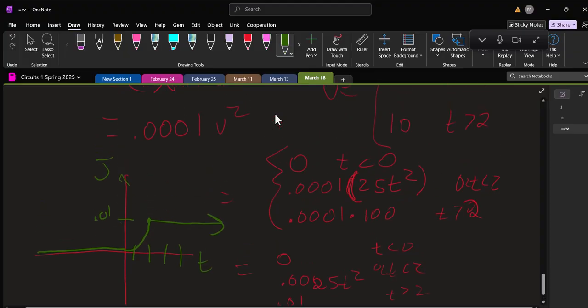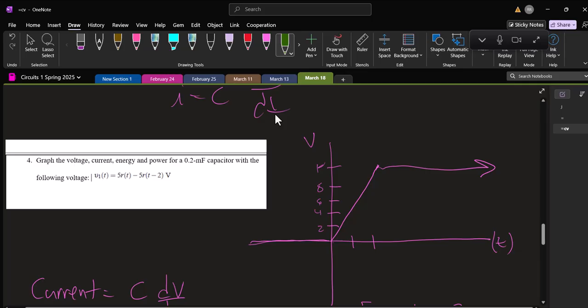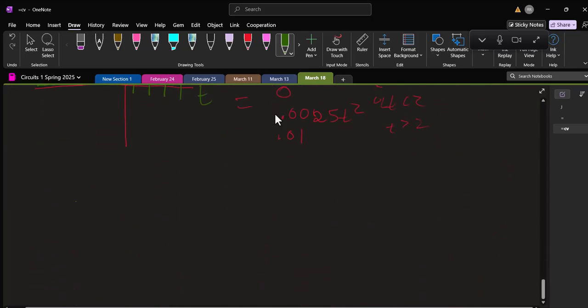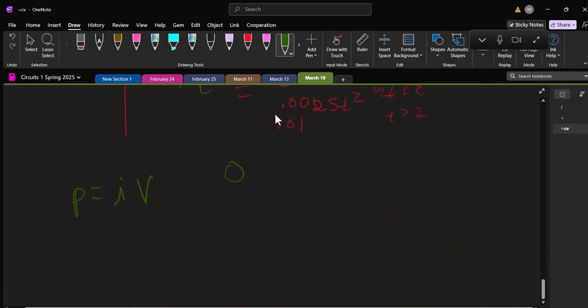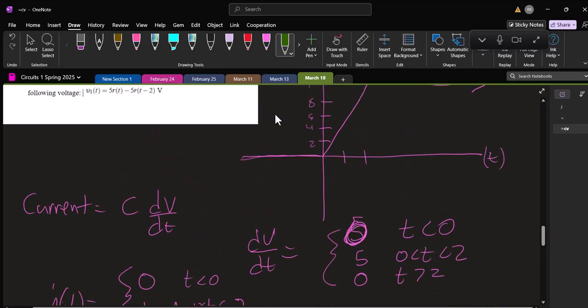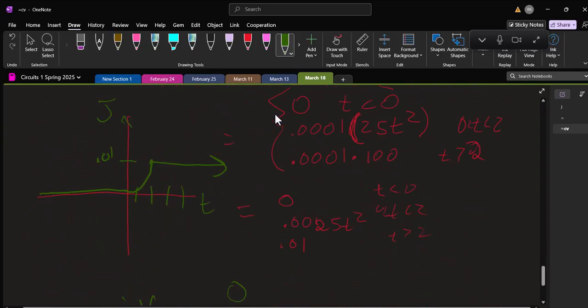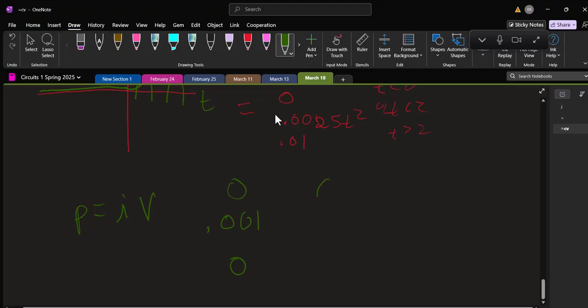And then the last thing was power. So power equals IV. So our current was 0.001 and 0, and our voltage was 0, 5t, and 10. So this is current and voltage.